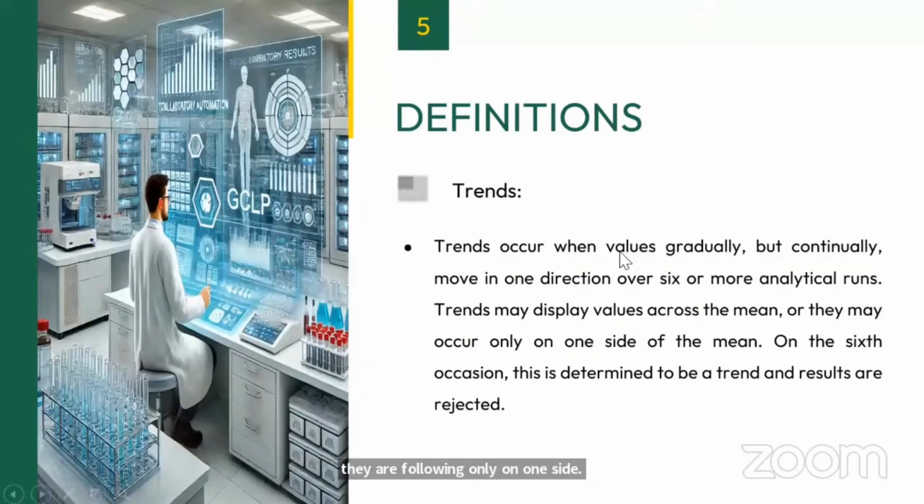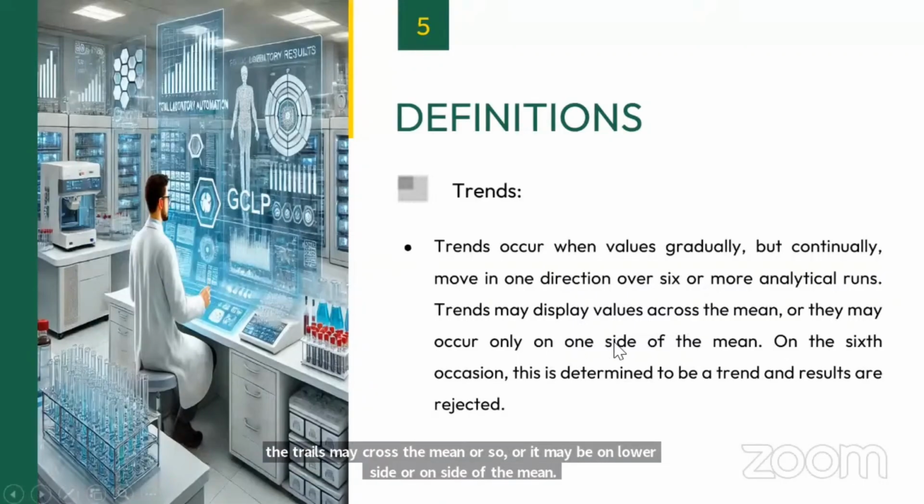Trends may display values across the mean or may occur only on one side of the mean. So trends can occur on any one side or even across the mean. It may start from the higher side to the lower side, or it may be only on the lower side, or only on the higher side. So the trends may cross the mean, or be on one side of the mean.